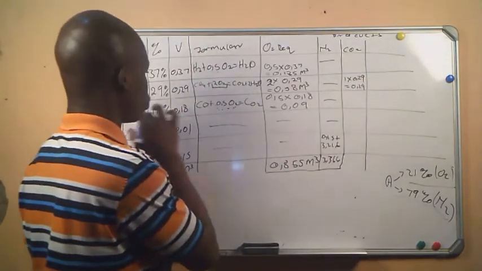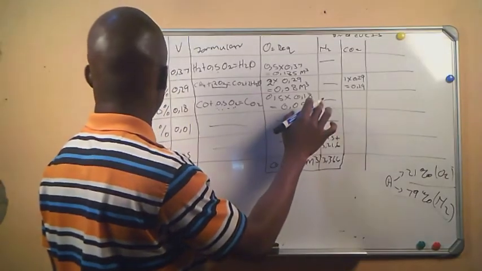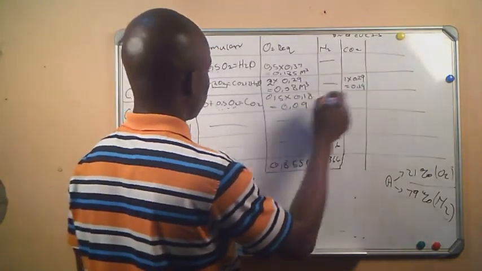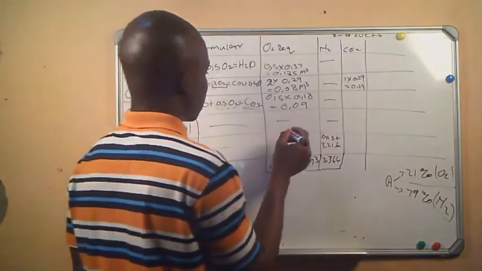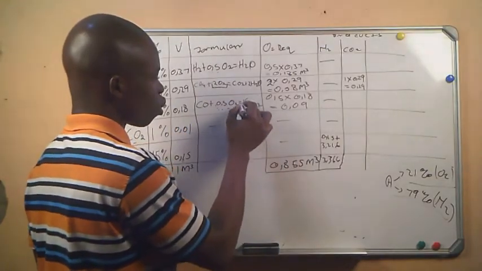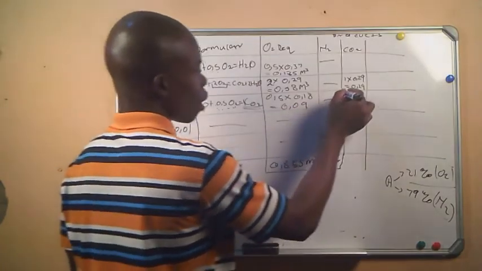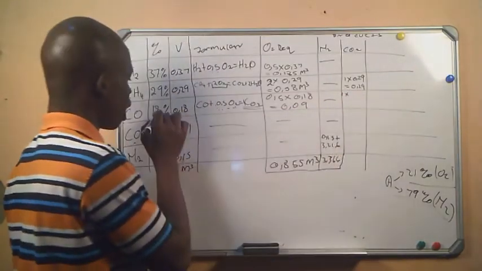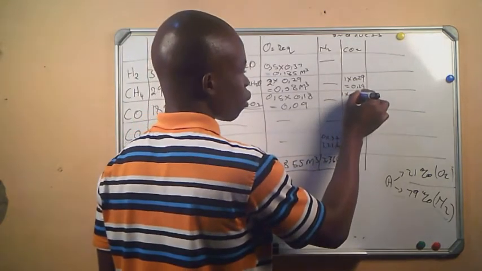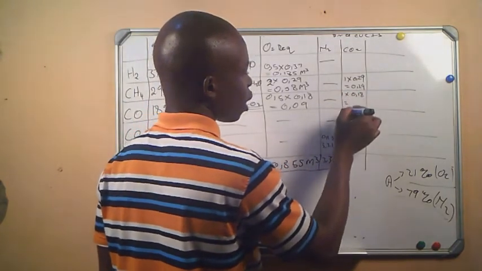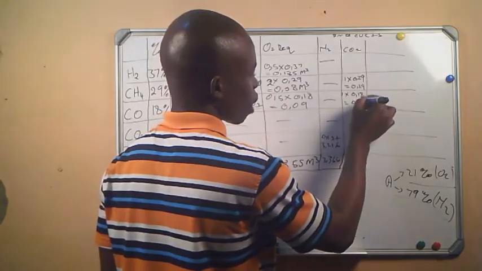And then we go to carbon monoxide. We can see that our product here is carbon dioxide, and there is also 1 here. So we say 1 again times the amount of carbon monoxide in the system, which is 0.18, and then it will give us 0.18.